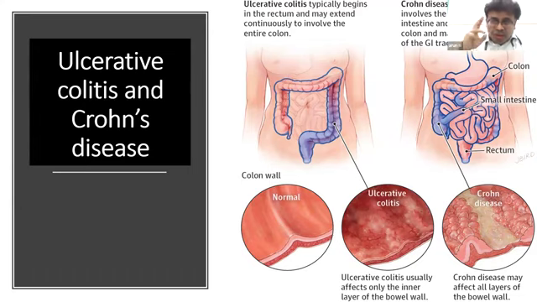Crohn's disease, on the other hand, can involve anywhere from your oral cavity till your anal canal. Anywhere in the GI tract, it can be involved. That is why Crohn's disease is a very difficult diagnosis and a very difficult entity to tackle. Moreover, there are chronic relapsing remitting events, and the patient will have multiple presentations; the stricturizing and fistulizing lesions are very characteristic of Crohn's.